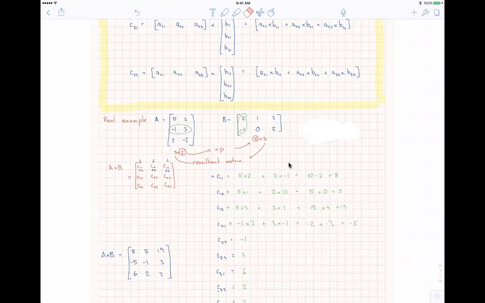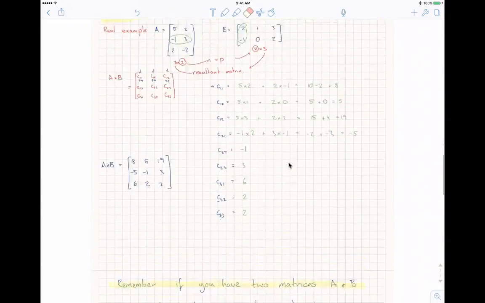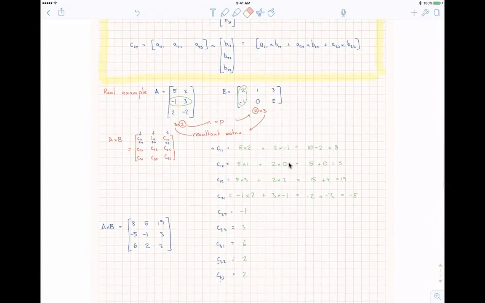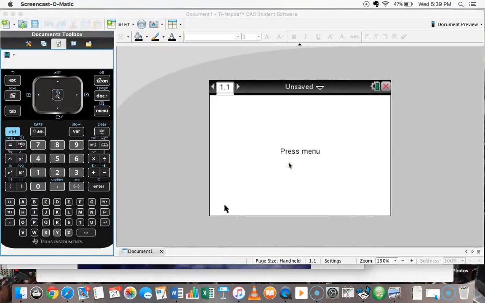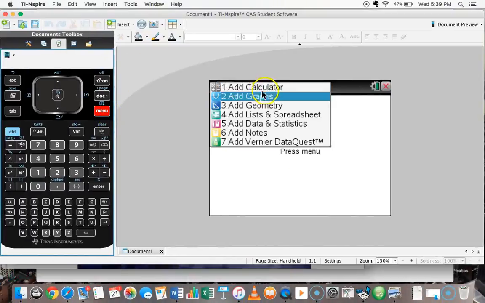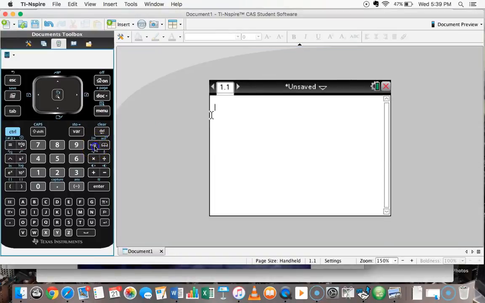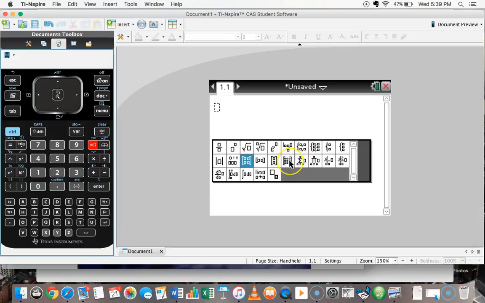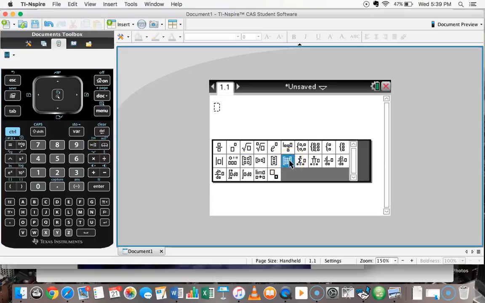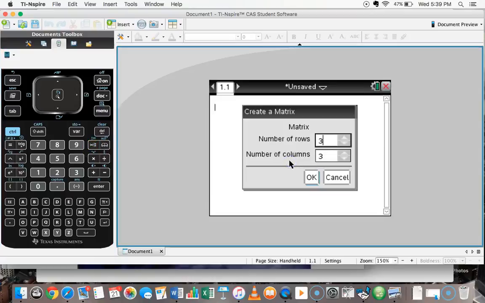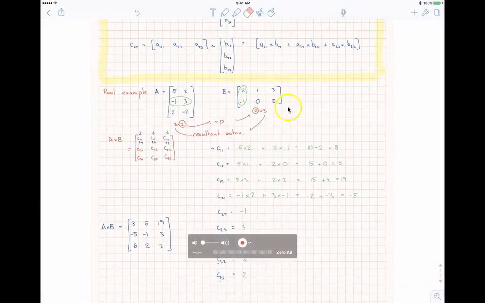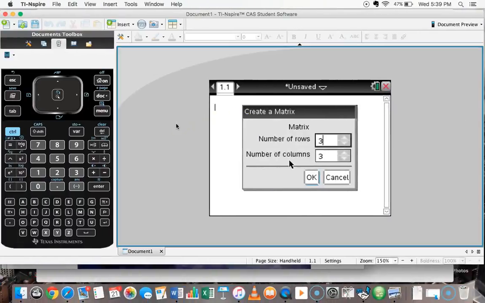Okay, so we'll do this question again on the CAS so you can see how that's done. So we want it in calculator mode. We will enter our two matrices. So remember, you click on this button here. We click this symbol, and our first matrix was a 3 by 2.